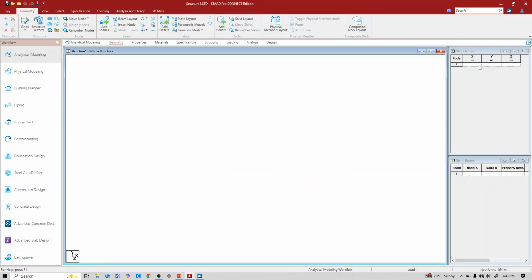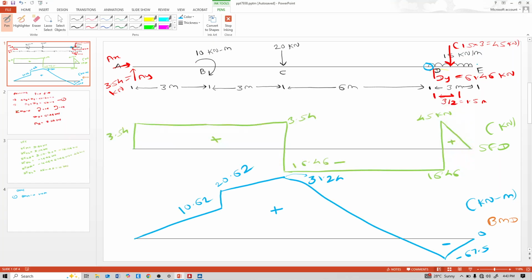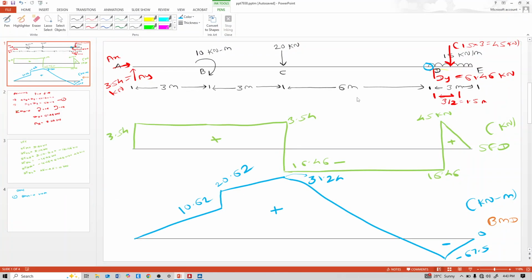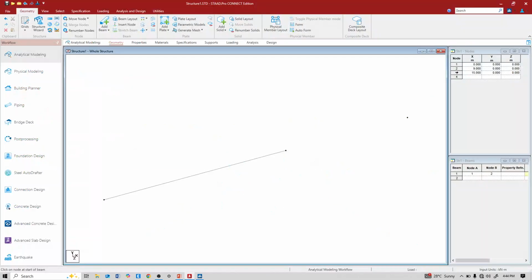So first is 0 node, second is 9 meter distance and then 15 meter, because one support is at 9 meter. So this is 9 meter and this is 3, 3, 6, 6, 12, this is 12.